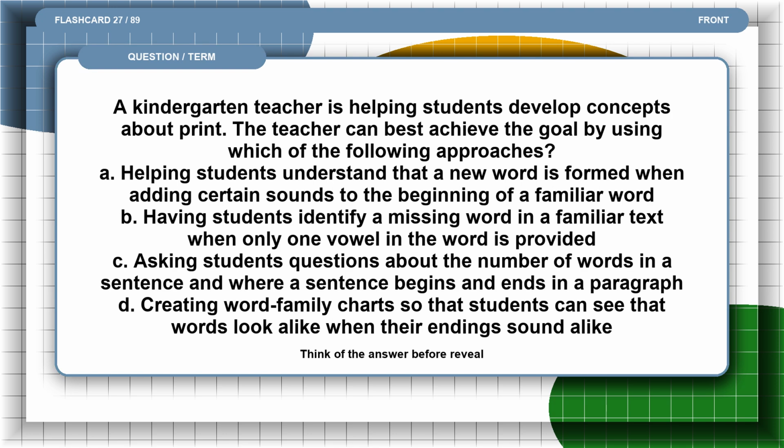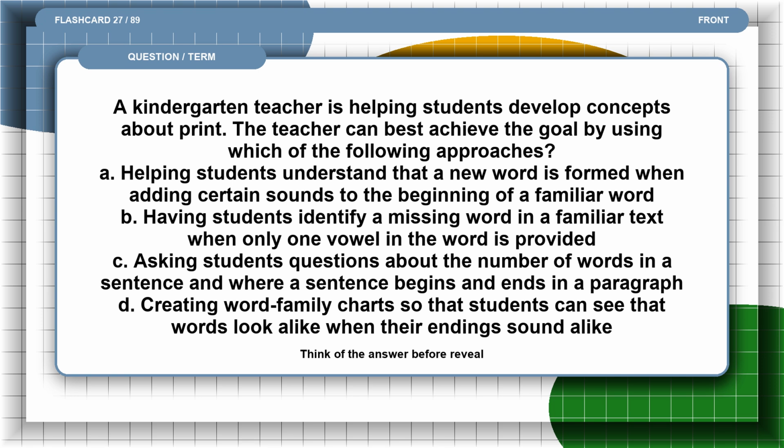Flashcard 27. A kindergarten teacher is helping students develop concepts about print. The teacher can best achieve the goal by using which of the following approaches? A. Helping students understand that a new word is formed when adding certain sounds to the beginning of a familiar word.